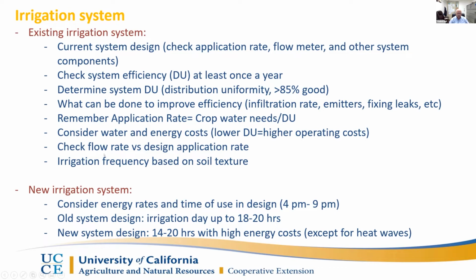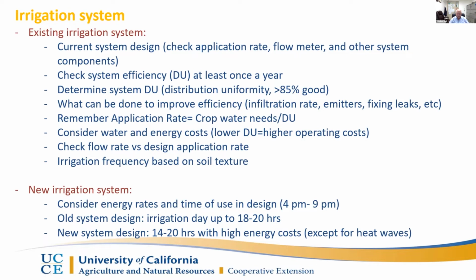I want to check the flow rate versus the design application rate. That is relatively easy to do, and I can show you later on. This is basically using just a flow meter. You can go to the flow meter, look at the flow rate, and do some very basic calculation to determine what my current application rate is.